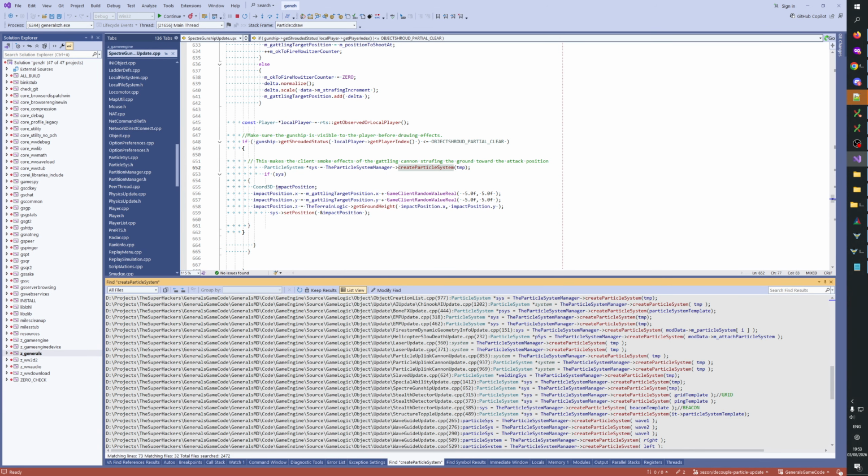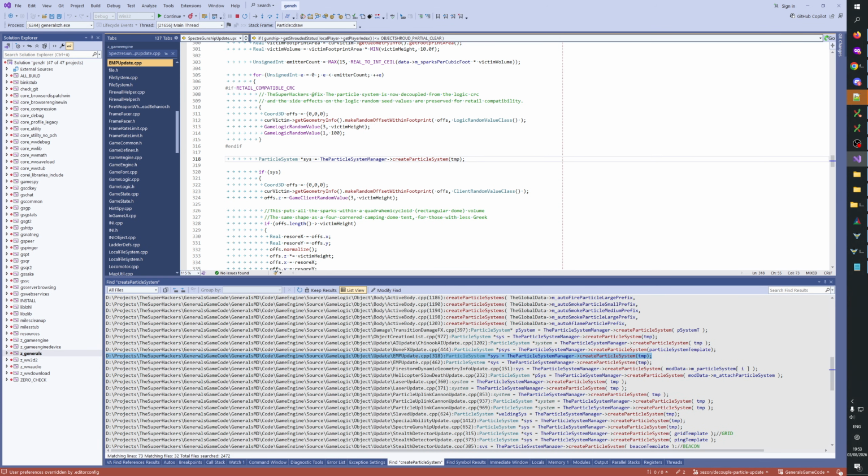I think it was EMP update. Yeah, here we had this thing, TMP. So the system is not decoupled from the logic CRC. Or not.